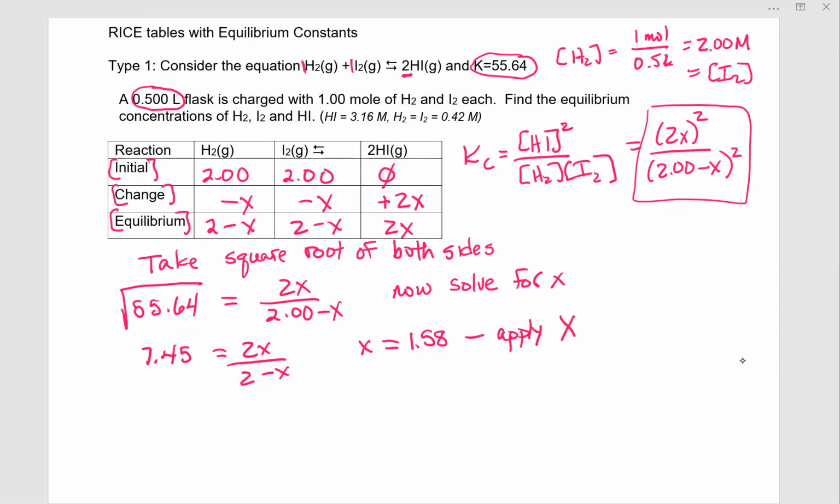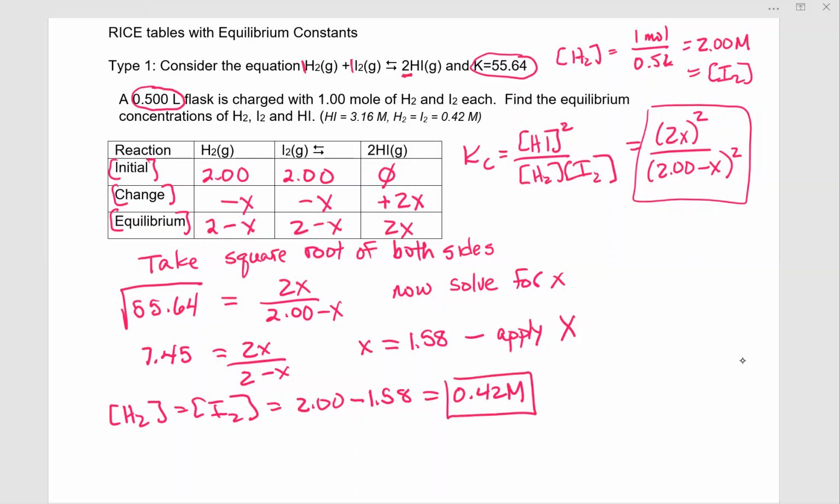So we're going to take a look at the concentration of H2, which is the same as the concentration of I2. And that is equal to 2.00 molar. I'm putting back my trailing zeros. And now it's going to be minus 1.58 because that's my x. So this is 0.42 molar.